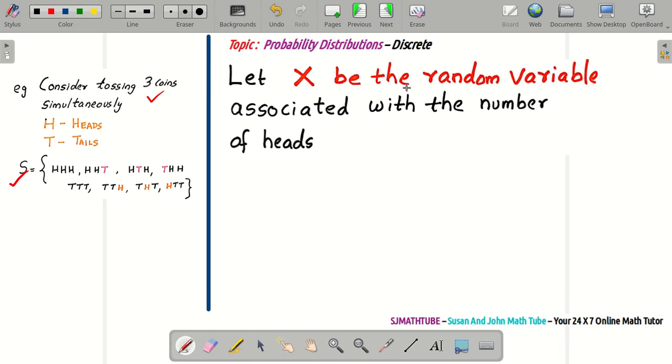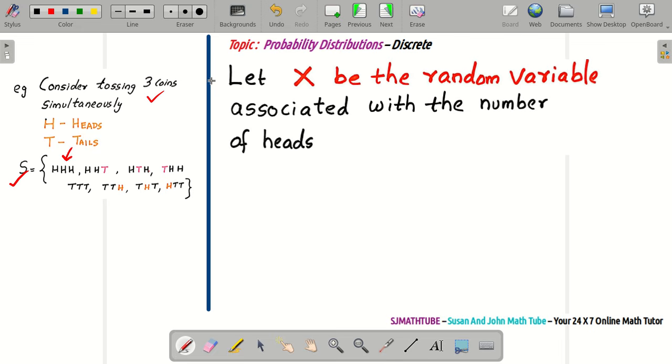Let X be the random variable associated with the number of heads. Look at this. You can see that sometimes we are getting 3 heads, in some other cases we are getting 2 heads, in some other cases only 1 head, and sometimes no head at all.